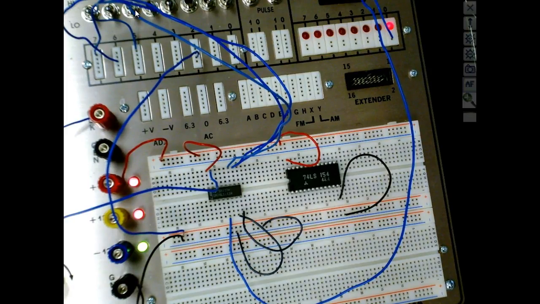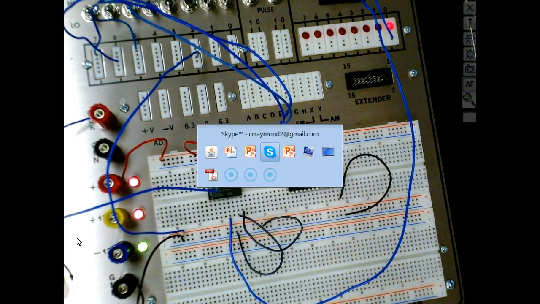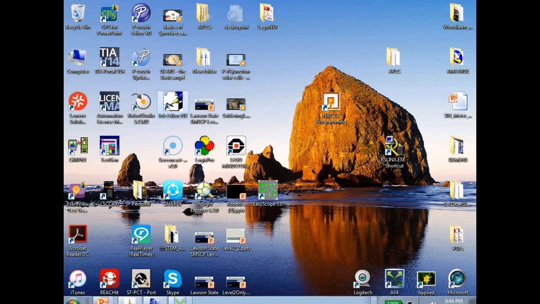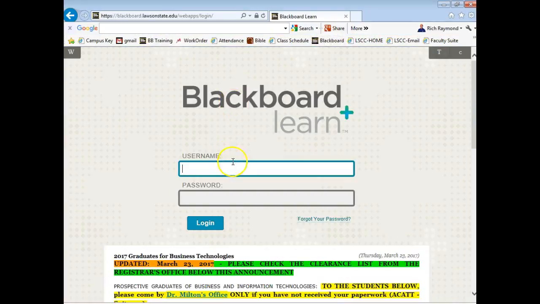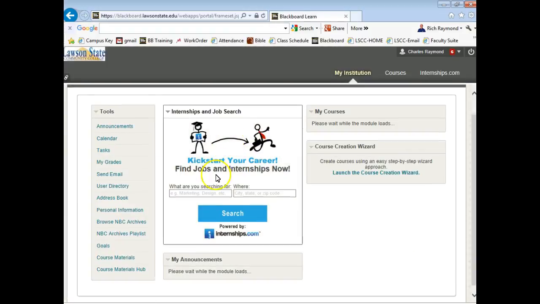So let's look at the pinout and we'll see about what we need to do with this. Oh, I don't have Internet Explorer open anymore. So do we have the pinout of the 74154?